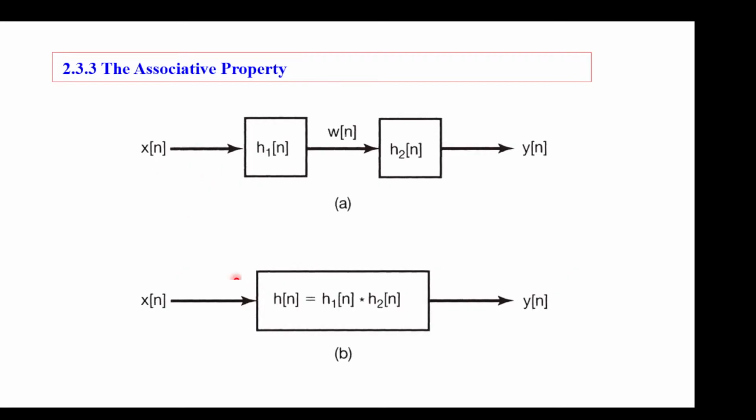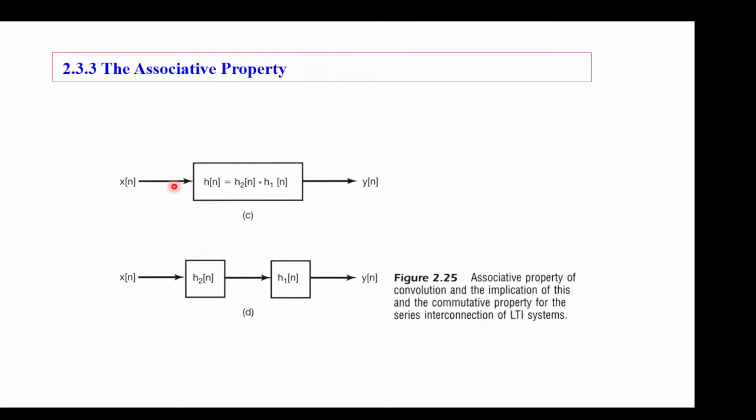Okay, and even more interesting: h of n equals h1 convolved with h2. Then by the commutative property, we know that h equals h2 convolved with h1. Then we can break it up again and see this as h2 system here, then the h1 system here.